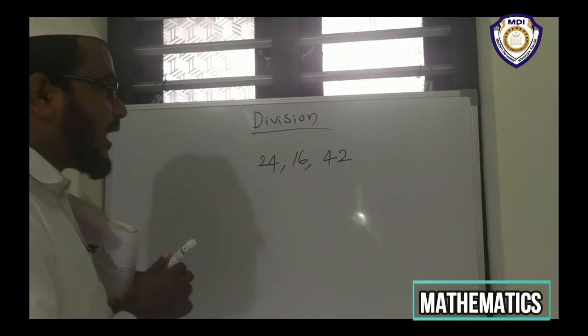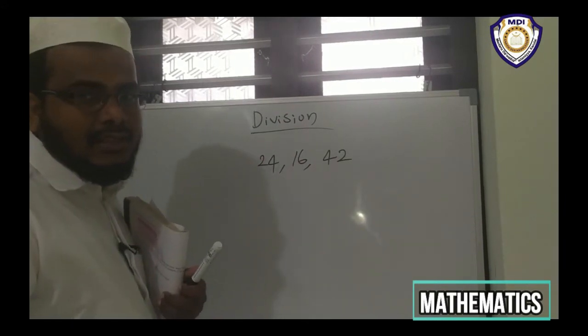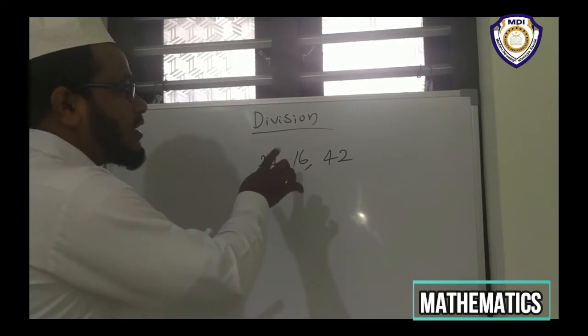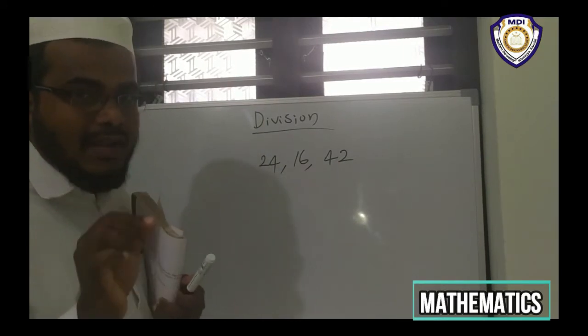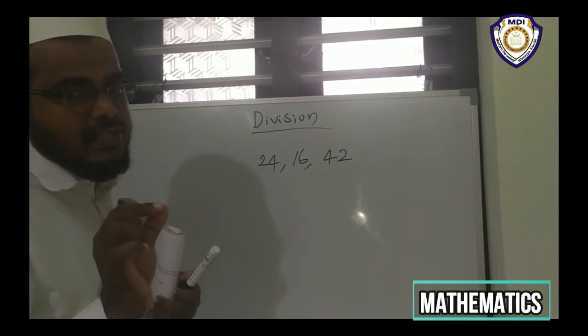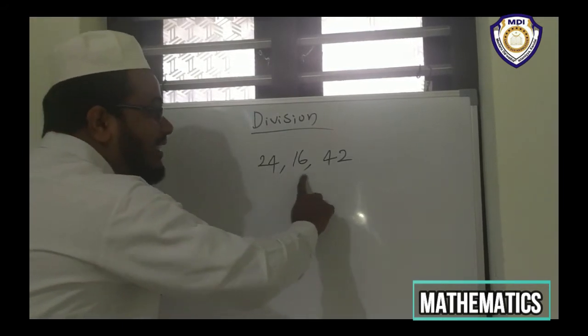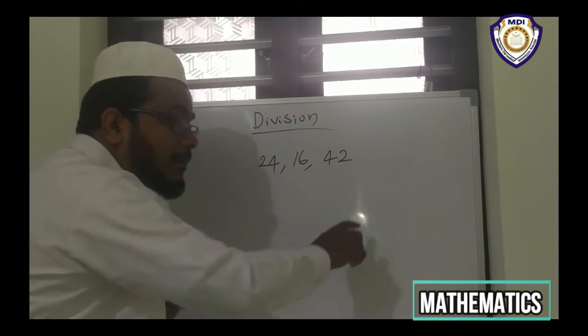Then what will we do here? We have to divide. We have studied that the smallest number should be the divisor and the largest number should be the dividend. Otherwise we cannot divide.